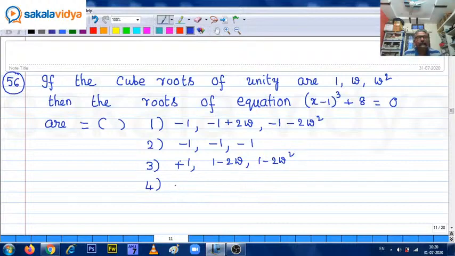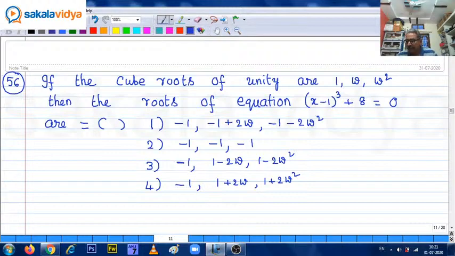Fourth option: minus 1, 1 plus 2 omega, 1 plus 2 omega square. This is the question.